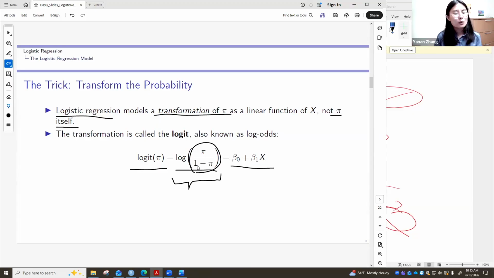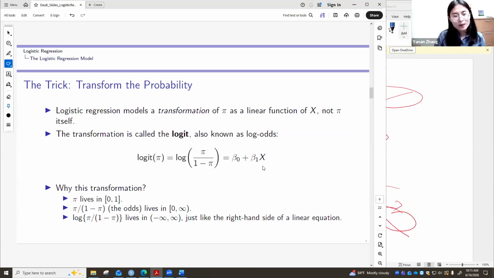So pi over 1 minus pi is a positive value, a number greater than 0. And if we take the log of a positive value, the range goes from negative infinity to positive infinity, which is the same as the range on the right side of the equation, which also goes from negative infinity to positive infinity. Great.